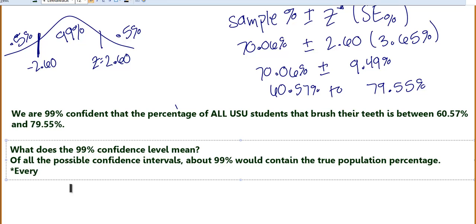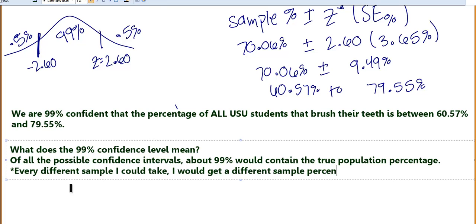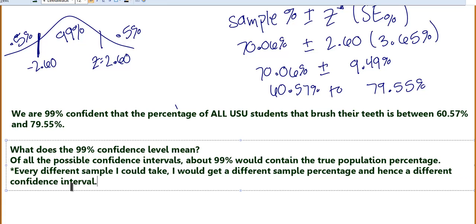Because for every different sample that I could take, I would get a different sample percentage and hence a different confidence interval. So that's why there's lots of possible confidence intervals, because there's lots of different samples you could take.